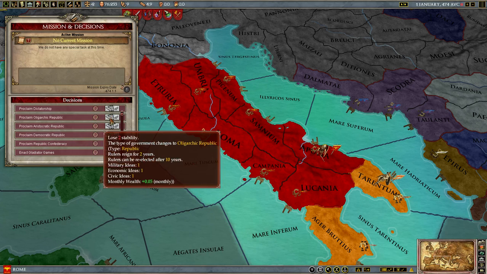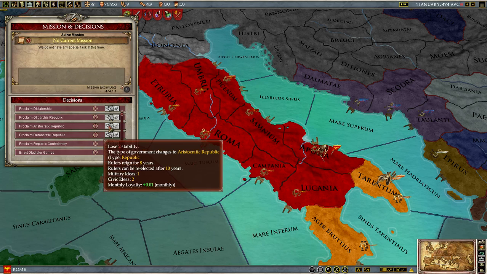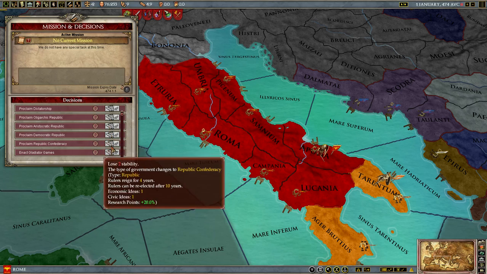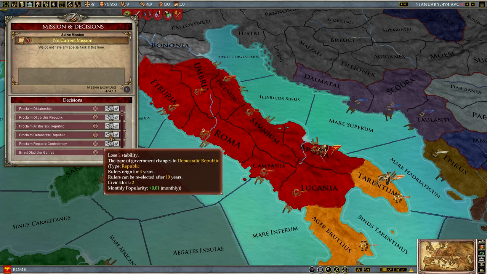Each type of republic also, of course, has its own set of ideas and rules on election. Rulers reign for 2 years. Rulers reign for 8 years, 4 years, 4 years. They all, however, are re-electable after 10 years. In addition, you'll notice that the Democratic Republic and Republic Confederacy only have 2 ideas.